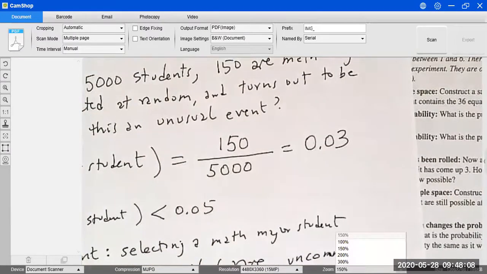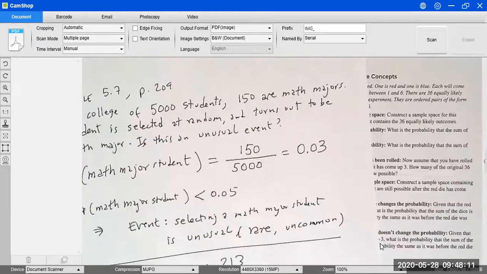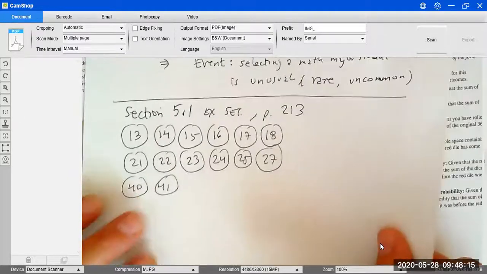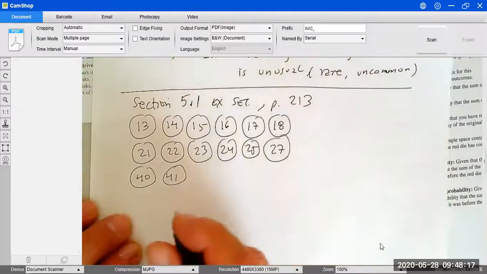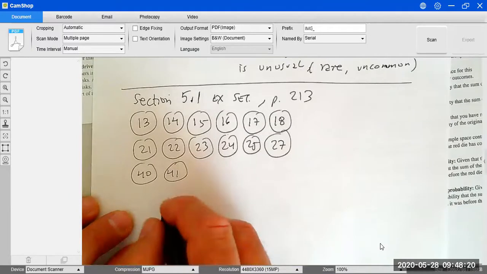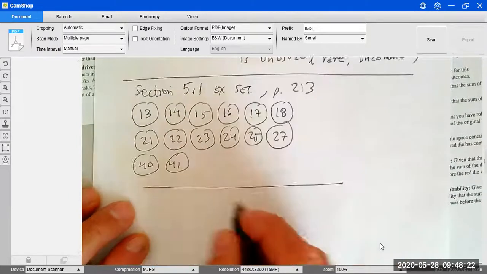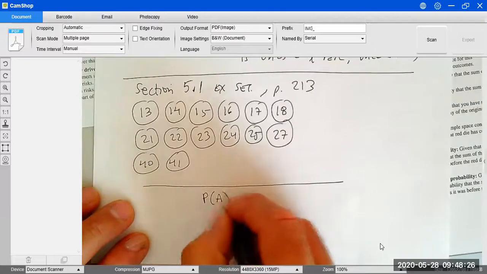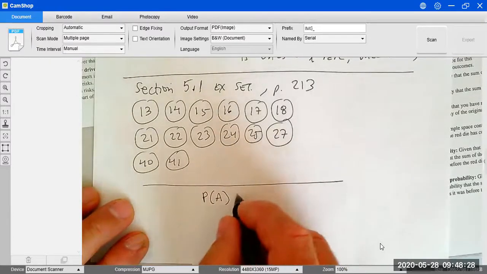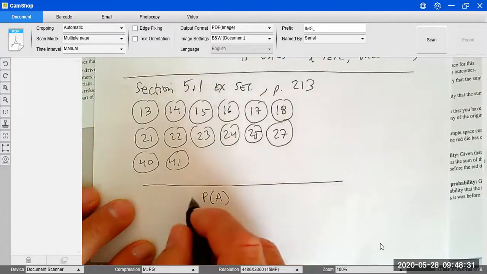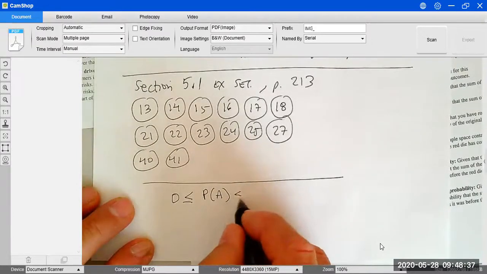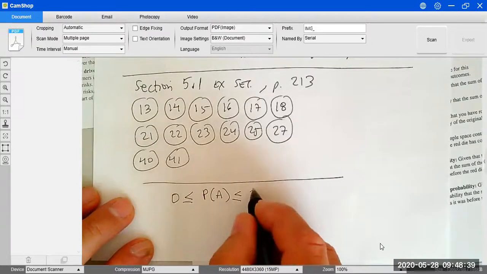Just as another note for you, when you are solving the problems related to probability models, you should remember that the probability of an event is always greater than or equal to 0, so it's always positive, but it's always less than or equal to 1.